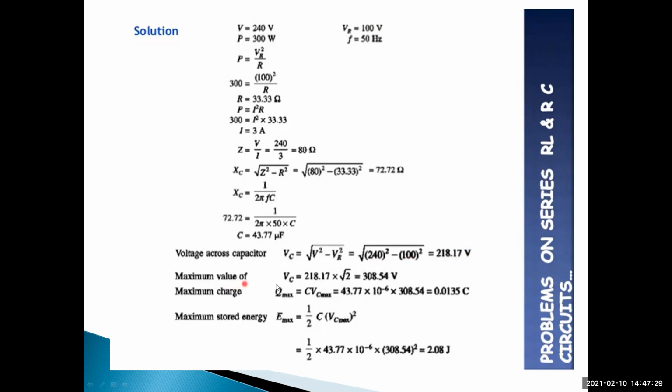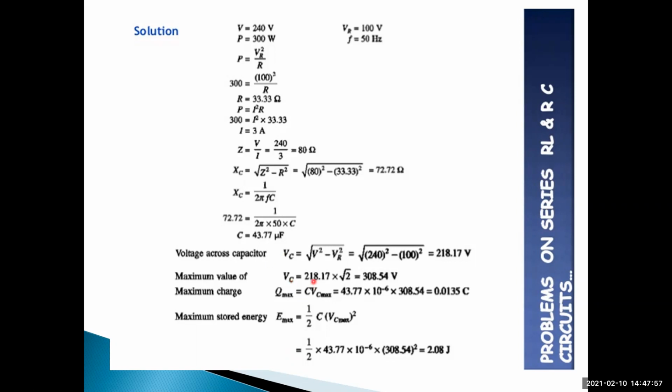Then the maximum value of VC is 218.17 into root 2. VRMS is equal to VM by root 2, the RMS value of voltage. So VM is the maximum value of voltage, VM is equal to root 2 into VRMS.